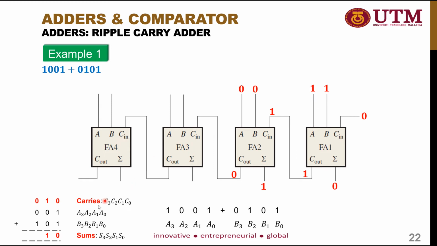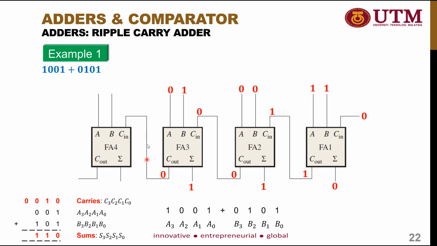Okay, so the inputs A2 and B2, which are connected to the full adder 3, are 0 and 1. So we add them together, 0 plus 1 plus 0. You will get the answer of 1 with the output carry of 0.